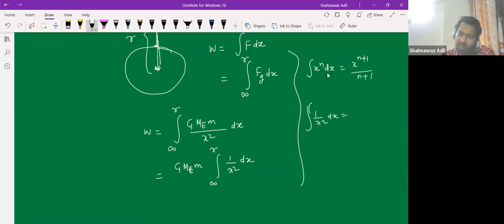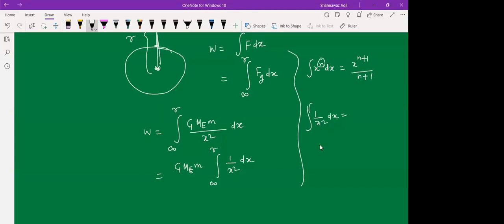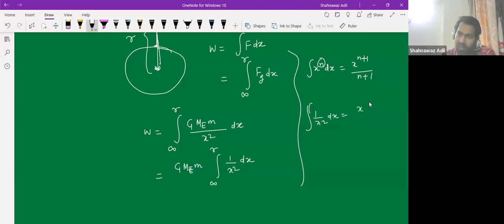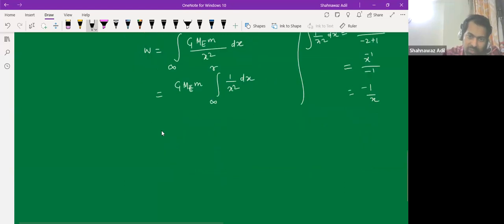For this case, n is minus 2. So x to the minus 2 plus 1 divided by minus 2 plus 1, which is x to the minus 1 over minus 1, that is minus 1 by x. So this would be G M_E m, from infinity to r, of minus 1 by x integrated.